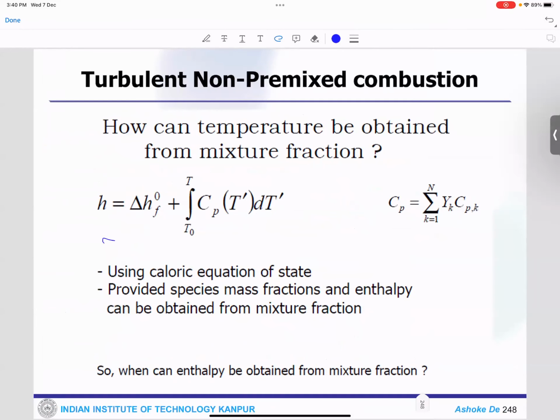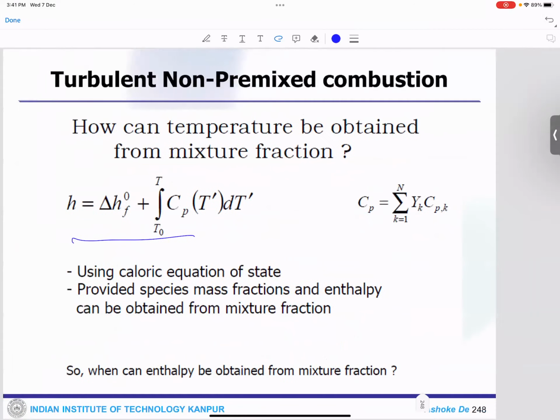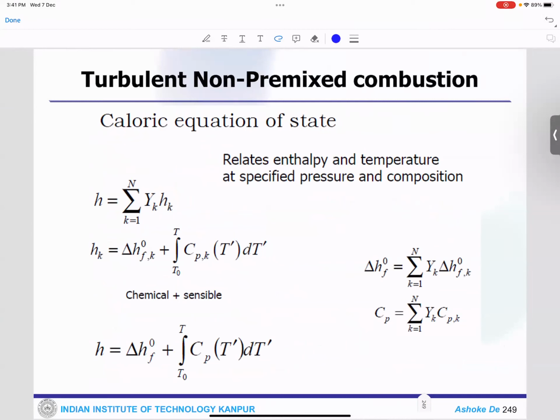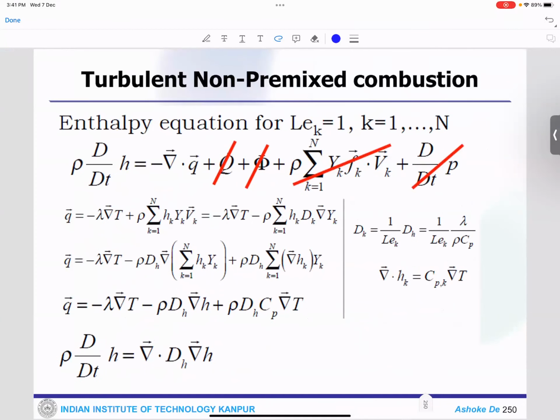You need to calculate the enthalpy, because enthalpy is a function of temperature, and you also need the enthalpy of formation, which comes from the species mass fraction. In the enthalpy equation, if you say my Lewis number is 1, then these terms are eliminated, and you simplify the equation system to this one.